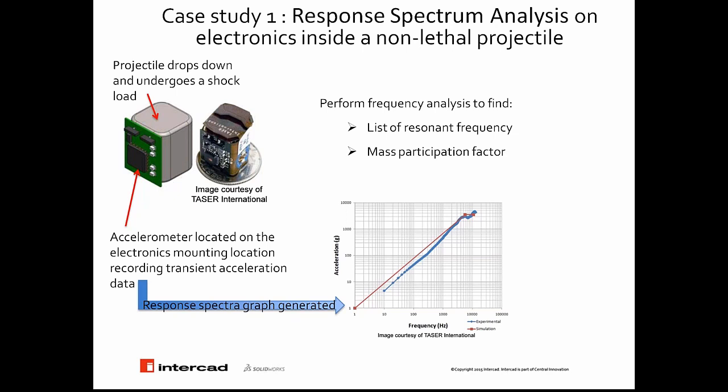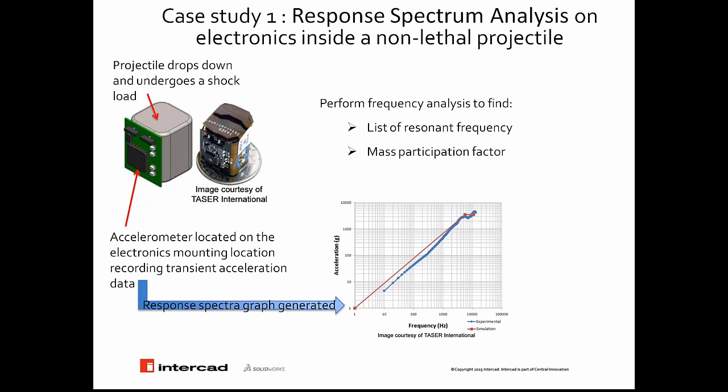What is required? First of all, before doing any response spectrum analysis, we have to perform a frequency analysis to first find the list of resonant frequencies and look at their mode shapes, and then also look at the mass participation factor. It is very important for the direction of excitation or the predominant direction of displacement.